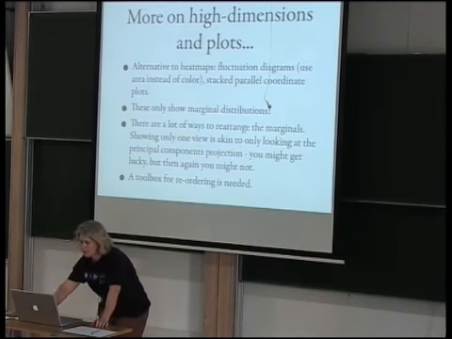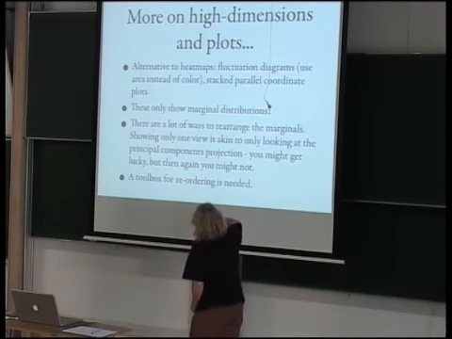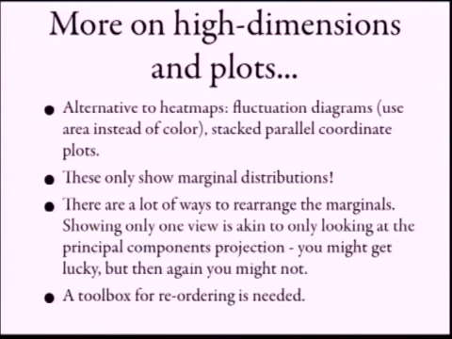Okay, a little bit more on high dimensions. There are alternatives to heat maps. The fluctuation diagram, which is what I showed you before for the ecology data, is where instead of color for each cell you use area. People are better at matching area to numerical value than color to numerical value. So there are alternatives.